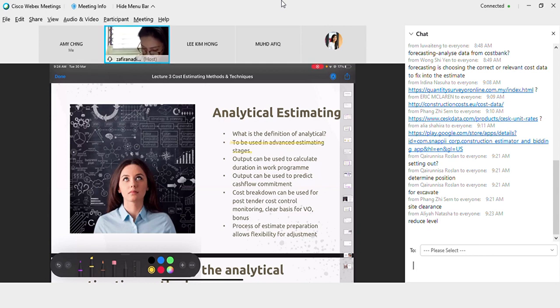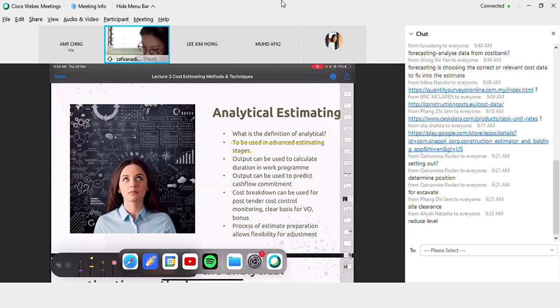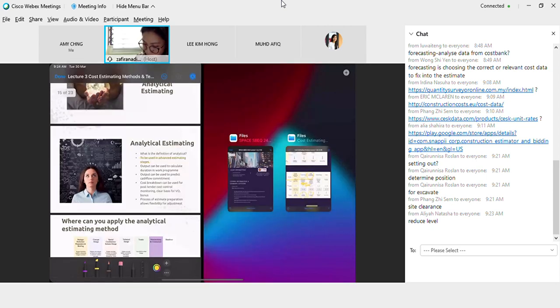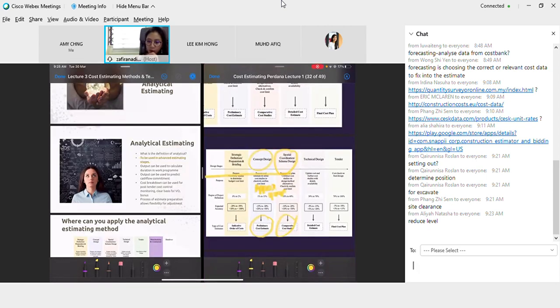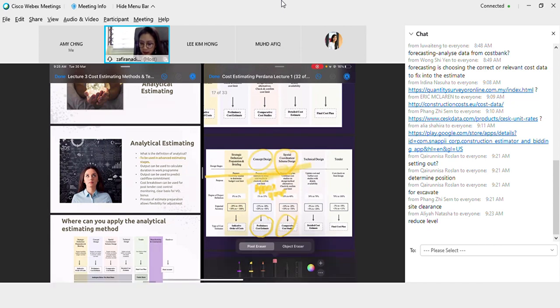Kalau kita buka balik yang tadi tu, for analytical estimating, you rasa-rasa kita pakai dekat mana? Dekat which design stage? Anyone?